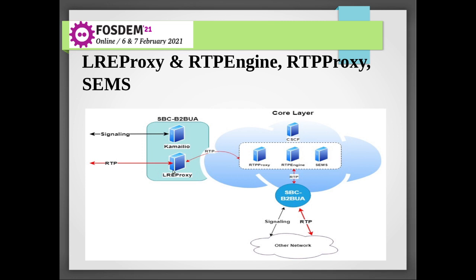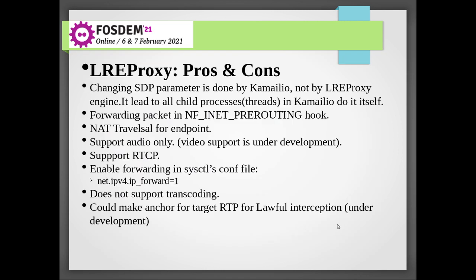For example, you could see here that LREProxy could transfer media to RTPProxy or RTPEngine or XEMS, and one of them could transfer their media to another specific active user agent. We have another Kamailio and LREProxy here. The LREProxy could get all packets from those nodes and transfer them to another node.